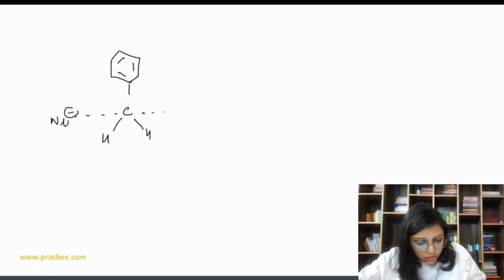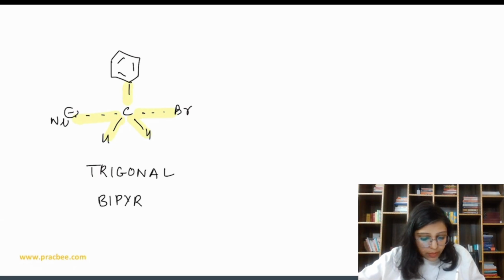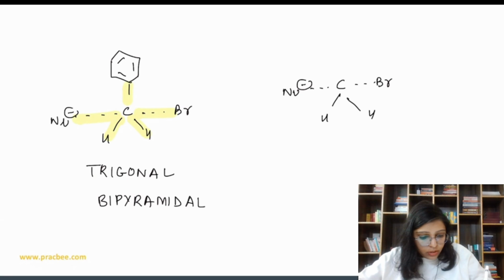In this transition state, we have basically 5 bonds: 1, 2, 3, 4, 5. So the geometry is similar to trigonal bipyramidal. And we have C, Br. Here we write the nucleophile. Here we write hydrogen, hydrogen. Here we write C, H, H, and then CH3.